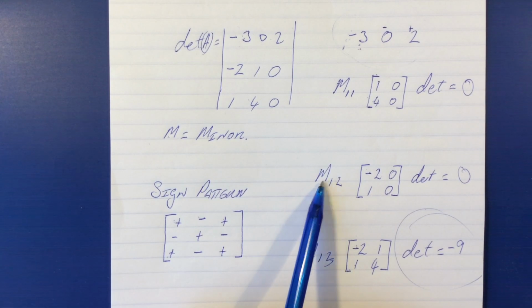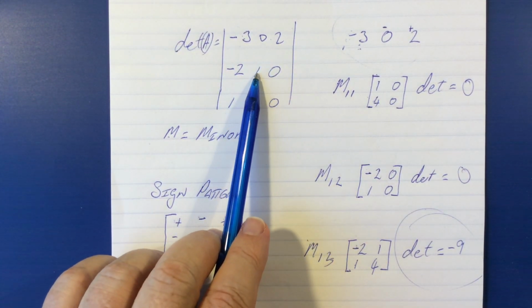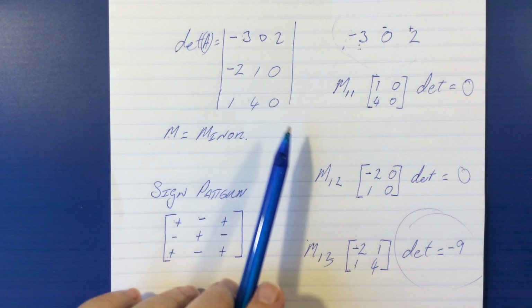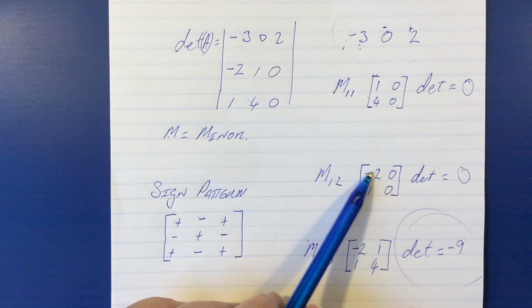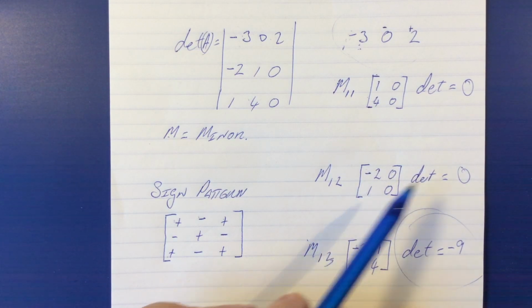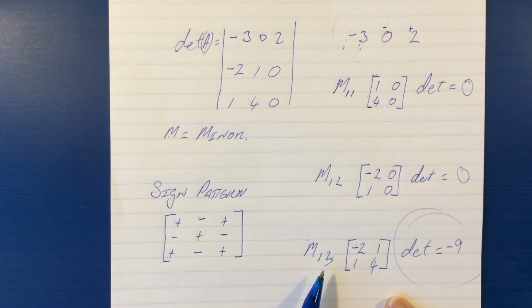Next one. M12, we're ignoring this row again, and we are ignoring the second column. So this is composed of negative 2, 1, 0, and 0. Again, the determinant will be 0. Negative 2 times 0 minus 0 times 1, 0. Third and final minor matrix, 1, 3.